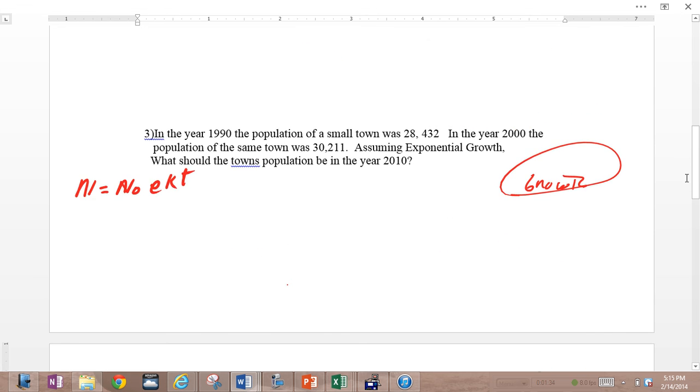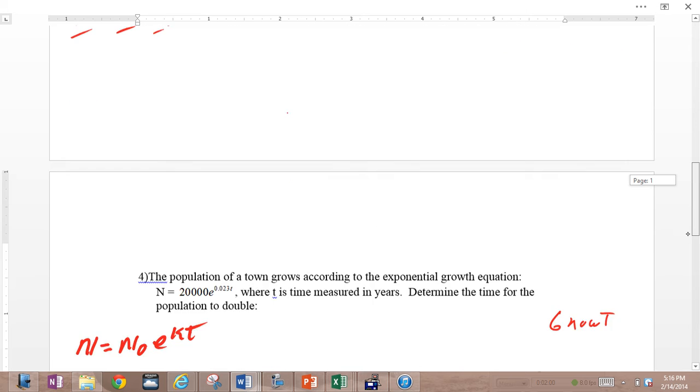So another example, assuming exponential growth: population in 1990, population in 2000. What will be the population in 2010? PERT equation, future quantity, the initial quantity, e to the power kt. K is a constant, the growth constant. It's a percentage rate.